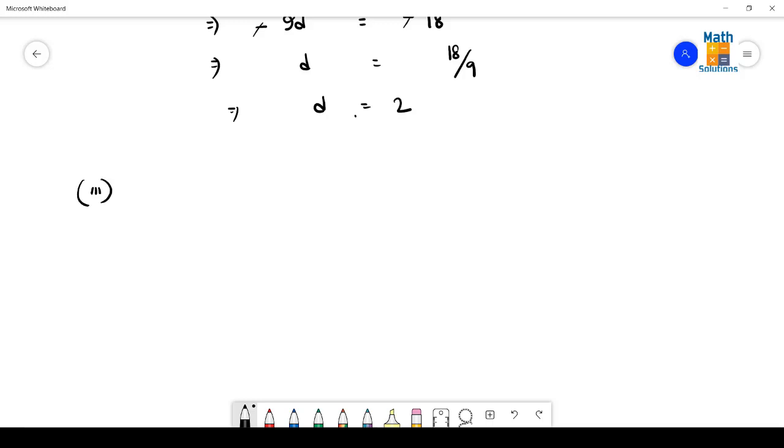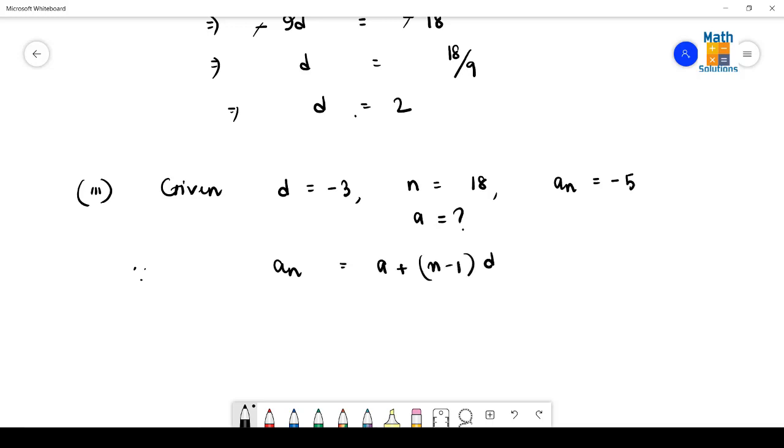So this is 3. So in number 3, given d is -3, n is given to be 18, a_n is given to be -5. To find out a, what is the value of a that we have to get? So we know that a_n is equal to a plus (n minus 1) d.